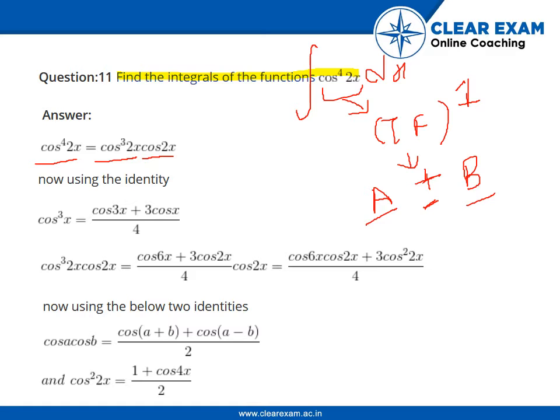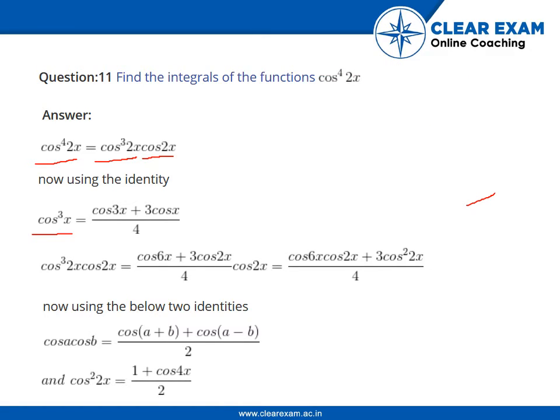Now, we already know the identity for cos cube x. Cos cube x is equal to cos 3x plus 3 cos x upon 4. This identity comes from cos 3x is equal to 4 cos cube x minus 3 cos x. Let me write it for you.